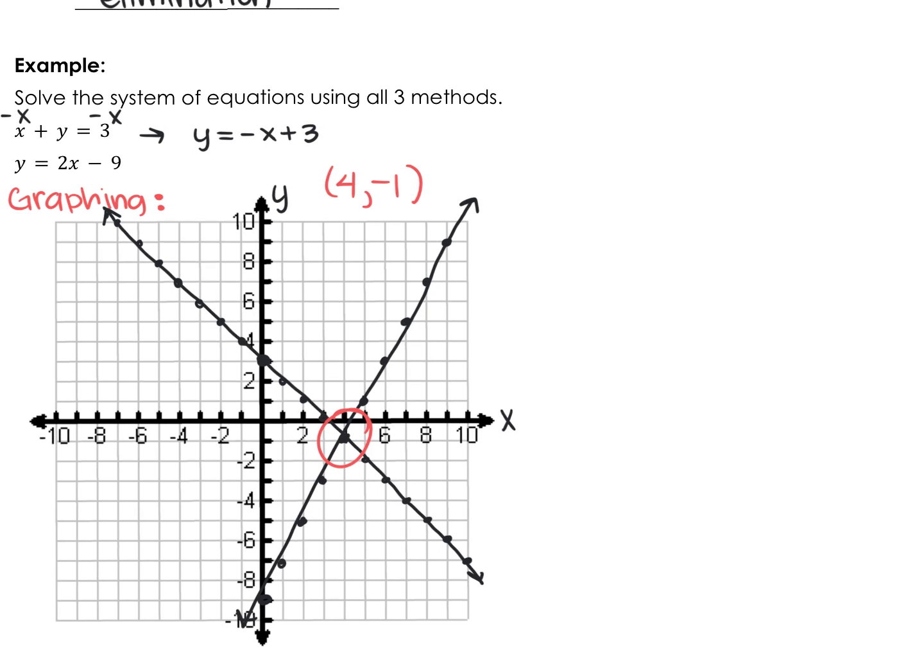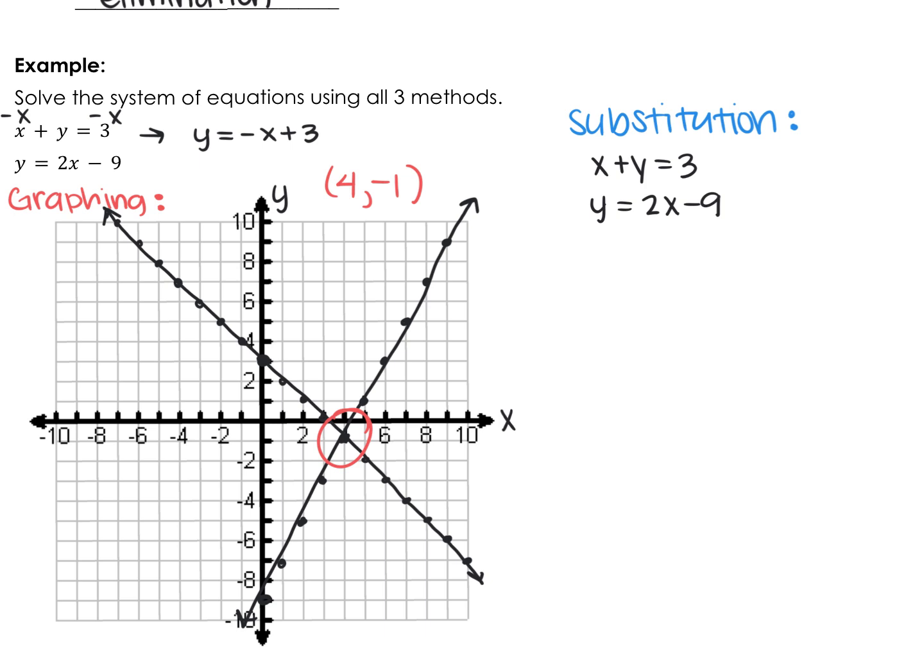The next method we're going to discuss is substitution. So if you are solving a system of equations by substitution, what you look for is for one of your equations to already be isolated. So either x equals or y equals. So if I go back to my original equation, x plus y equals 3 and y equals 2x minus 9, one of my equations is already set up this way.